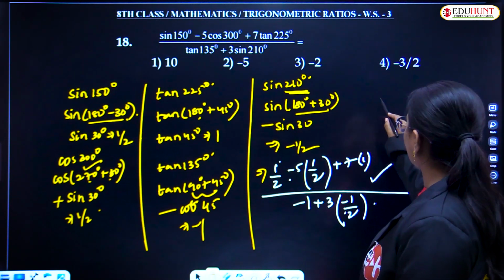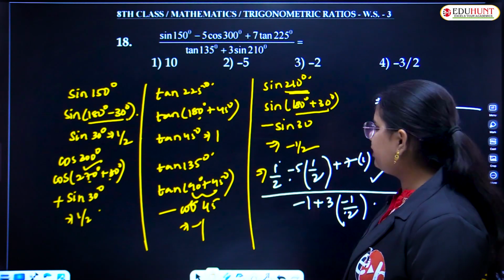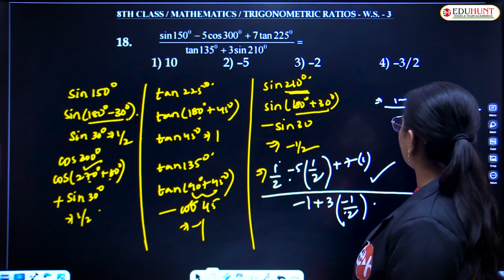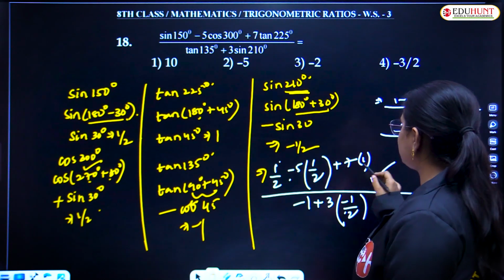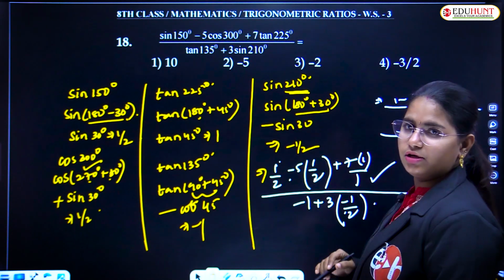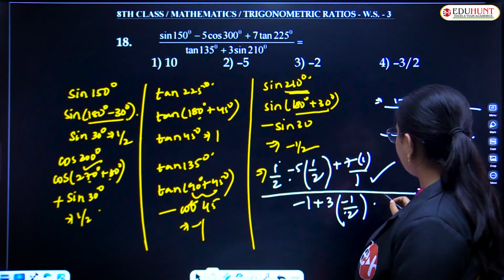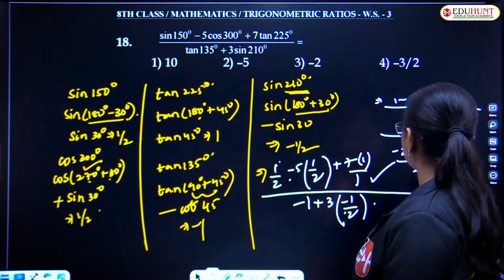Take the LCM on the numerator. What will we have? We will get 2 as the LCM, right? So 1 minus 5 plus 14. Correct? 1 minus 5 plus 7 twos are 14. I am just taking the LCM. Next, in the denominator also we will get 2 as the LCM. Minus 2 minus 3.